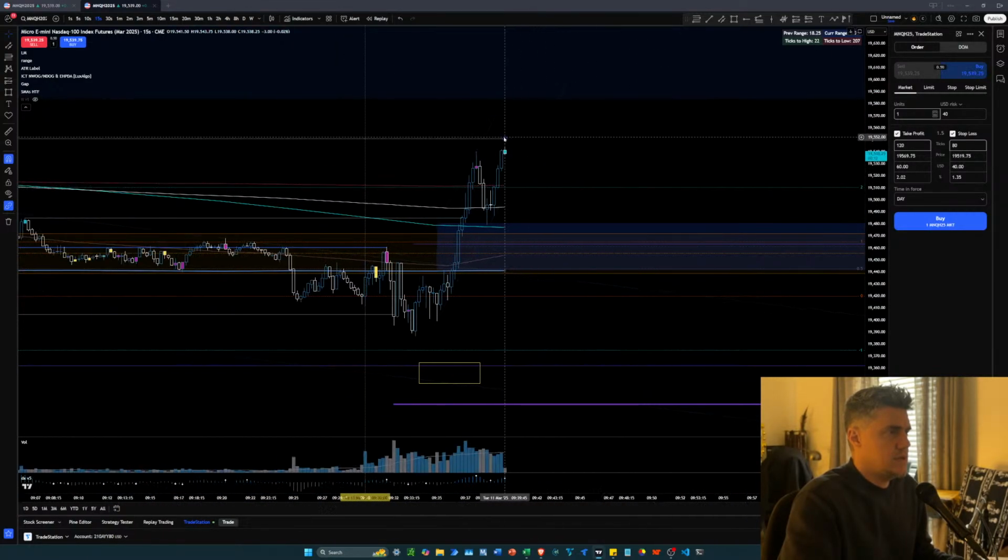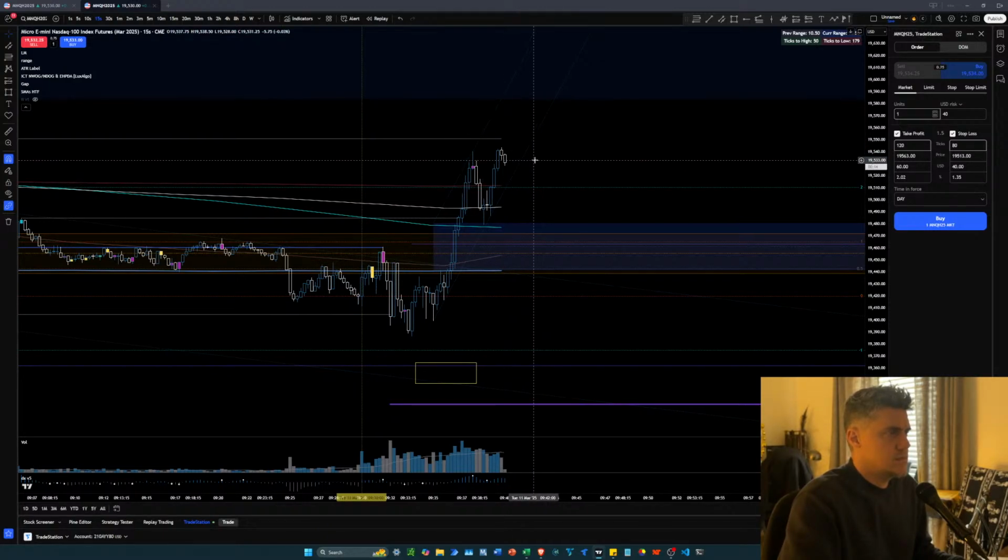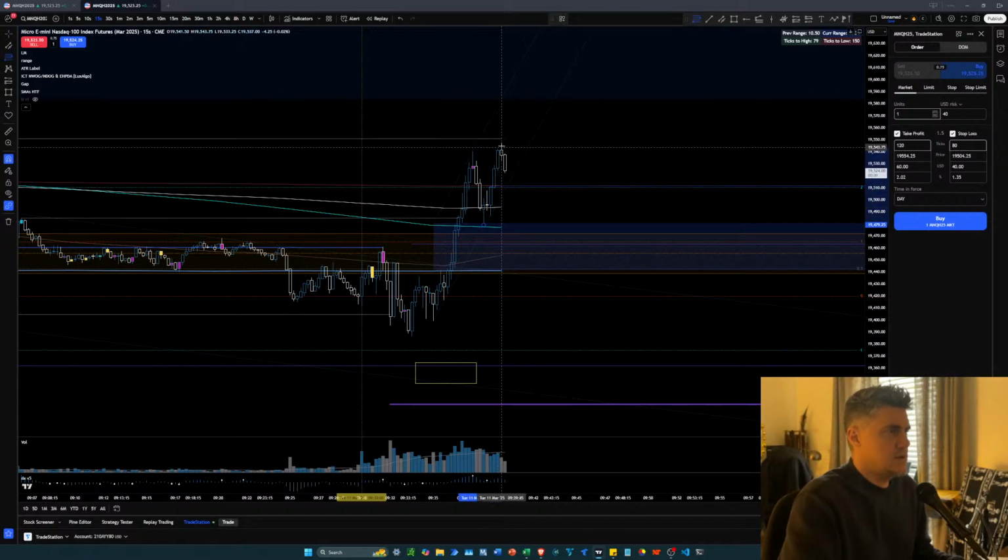A little bit risky taking a short from here, given the thrust, this momentum. But if I get a low risk short signal, we'll have to see. 50% of this swing is here, lining up at 1 standard deviation of the opening range gap.